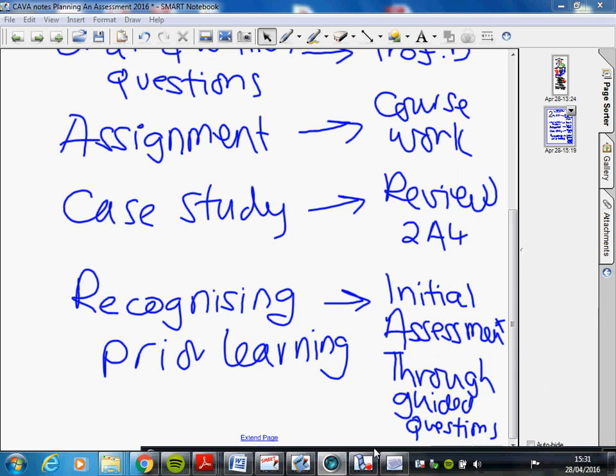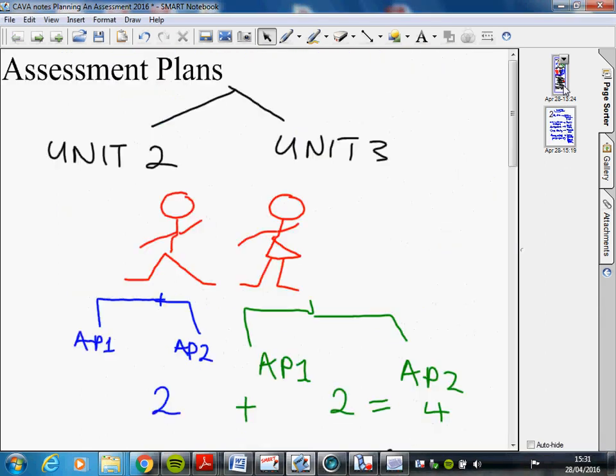I want to summarize. In my summary, I'll just go back to the original documents where we started from. So in summary, what we're saying is assessment plans must be produced, and the well-produced assessment plans are based on you choosing 2 learners, learner 1, learner 2.